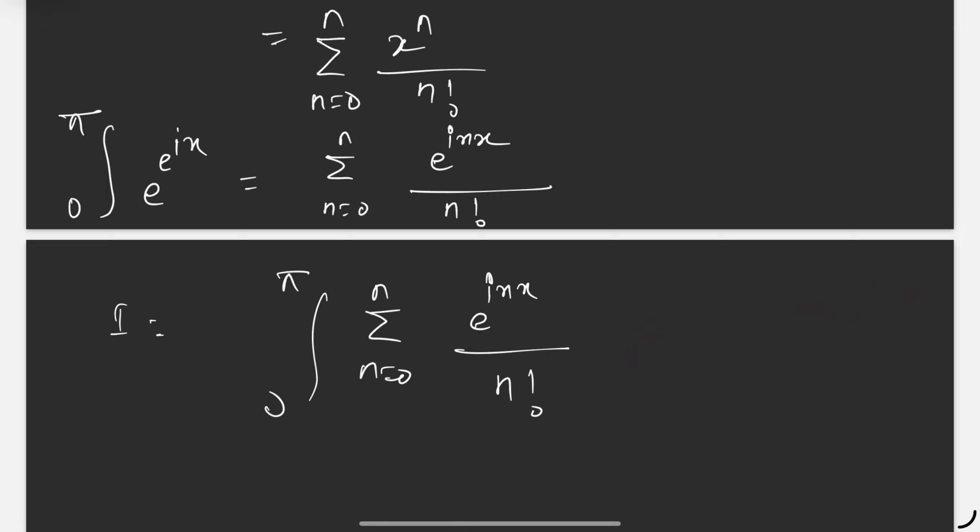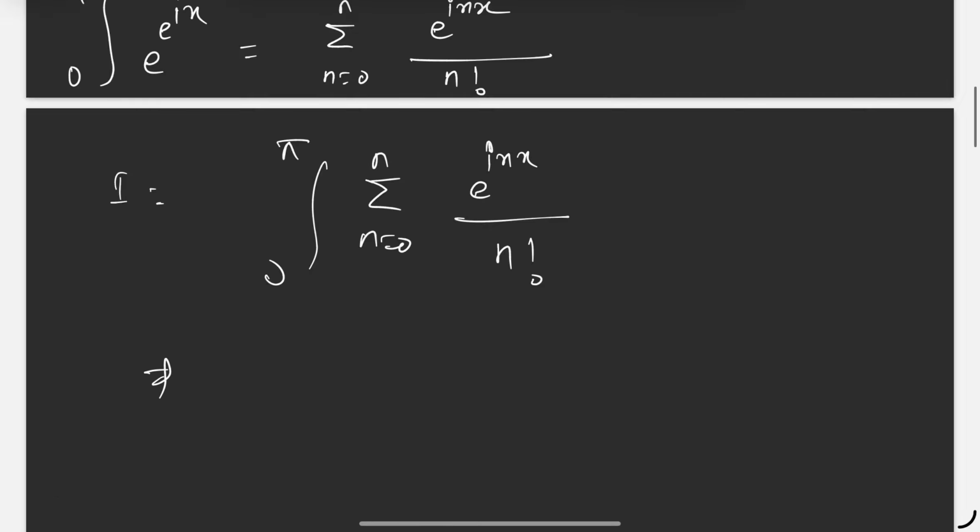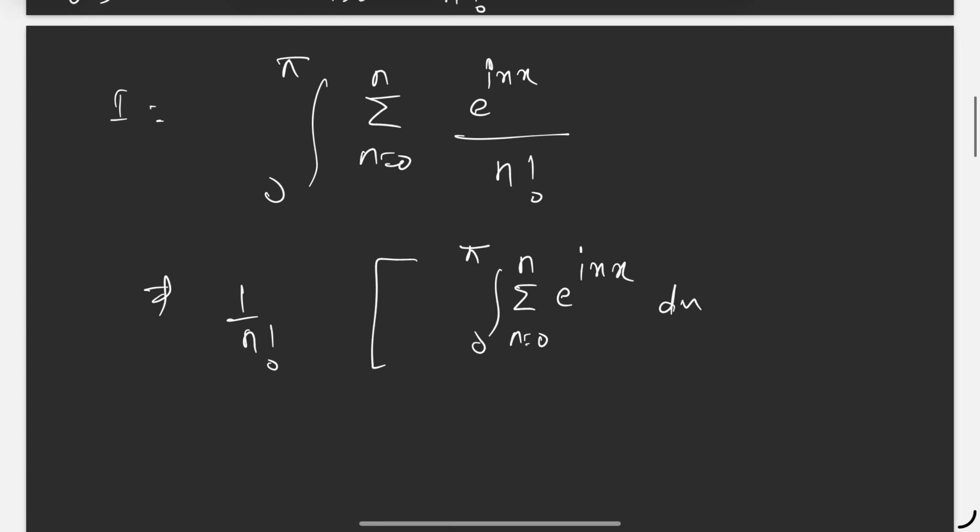How to do? So n is a constant number, so that will come outside. So 1 by n factorial here, 0 to pi, e power iota nx, where n is running from 0 to n, or infinite also you can say, not an issue, dx.